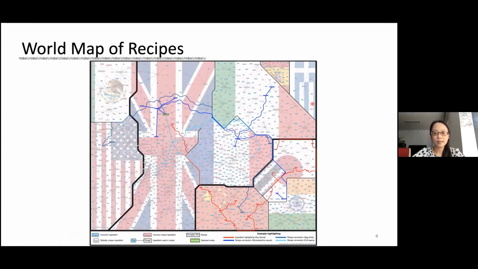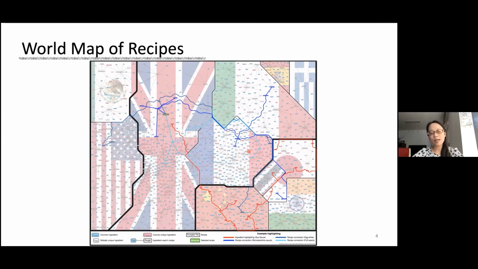Besides, this is a semi-automatic approach. Here we have a world map of recipes, where each node represents either an ingredient of food or the name of a recipe. As you can see, compared to the previous image, the quality is not as good as you would like, but with the additional add-on, it's still acceptable.